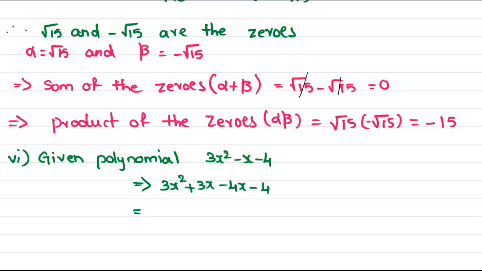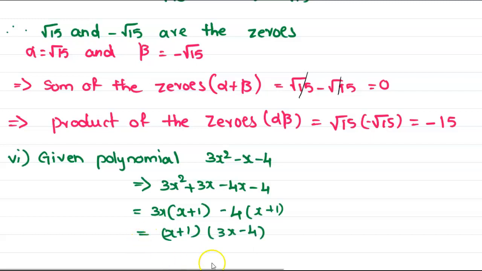So from the next step we have to take the common terms out. In these two terms we take 3x common, then we get 3x into x plus 1, and in these two terms we take minus 4 common, we get x plus 1. So again x plus 1, and the remaining is 3x minus 4.